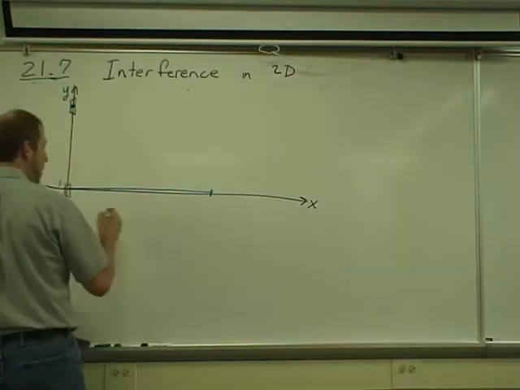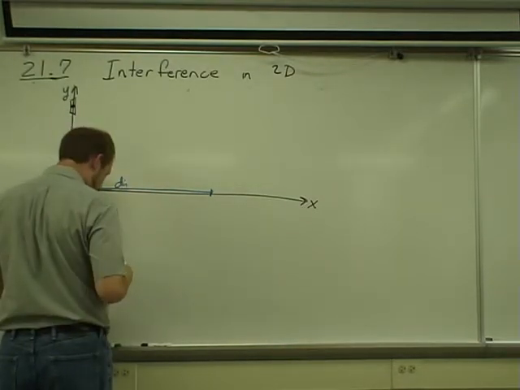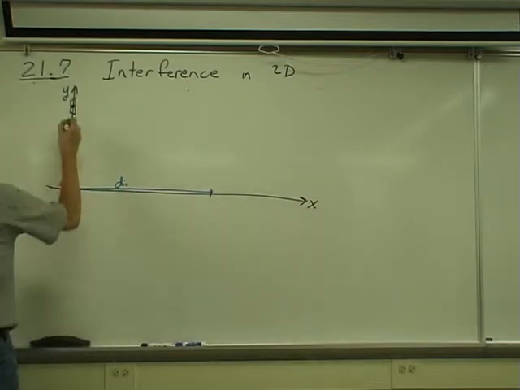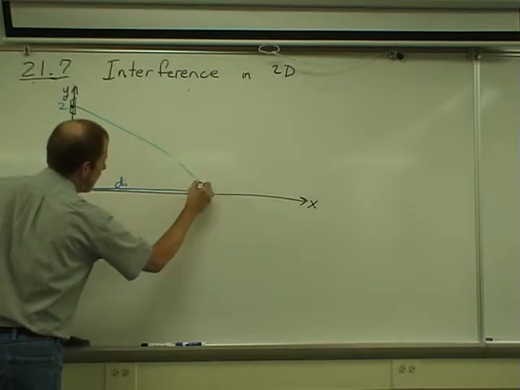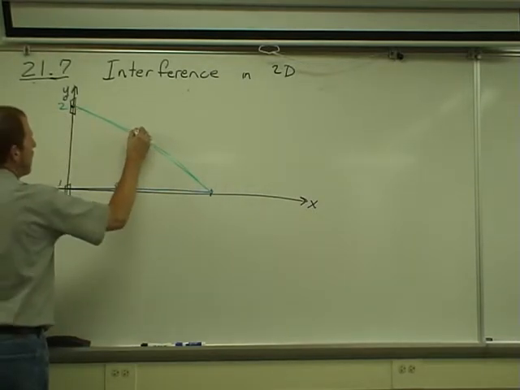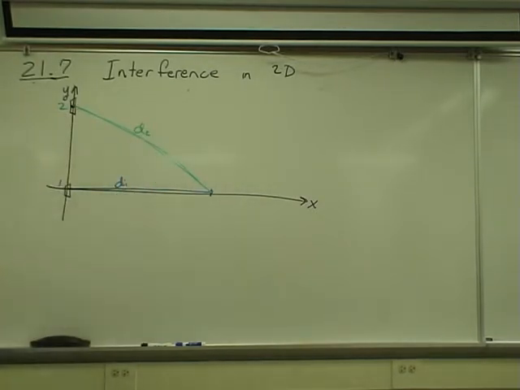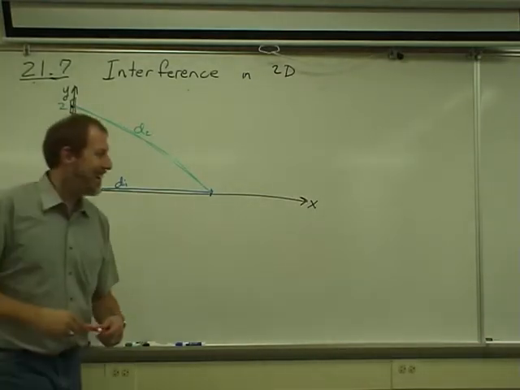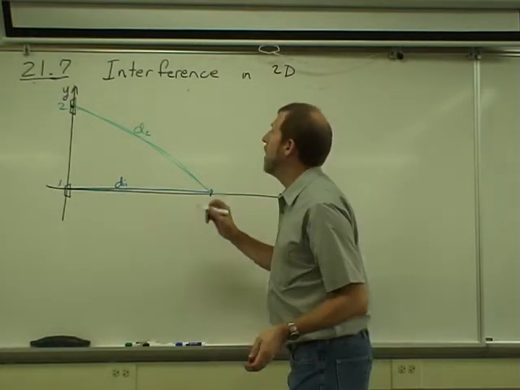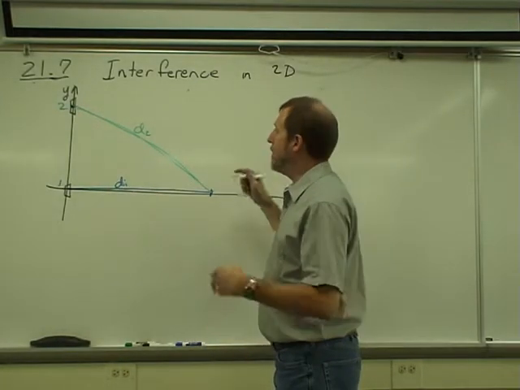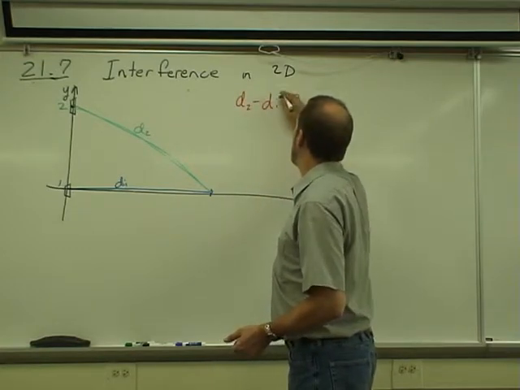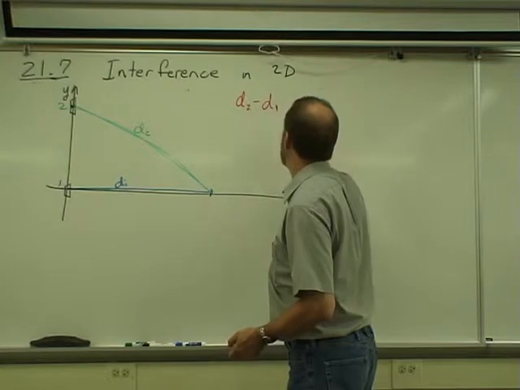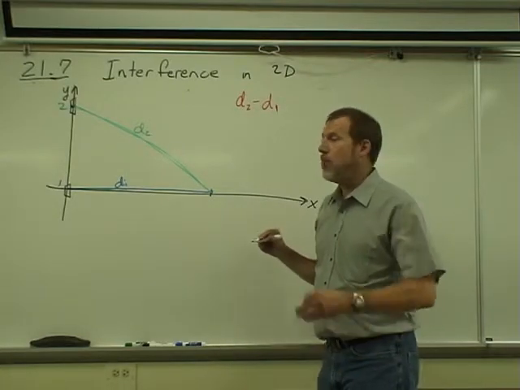I call that thing 1, and that distance 1, and this is thing 2, and that is distance 2. Then, again, interference happens. I've got d2 minus d1. One of three things will be true.